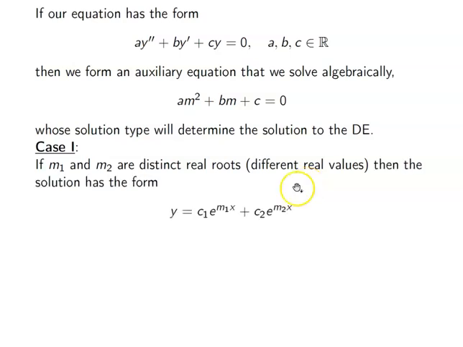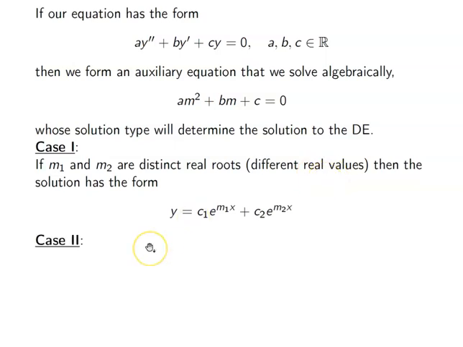Then the solution to my differential equation has the form y equals C1 times e to the m1 x plus C2 times e to the m2 x. This is what my solution will look like to this second order linear homogeneous differential equation if the solution to the auxiliary equation has distinct real roots.